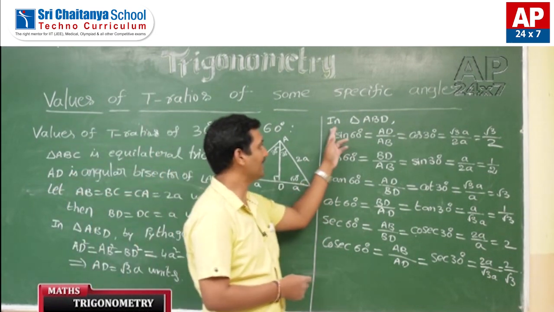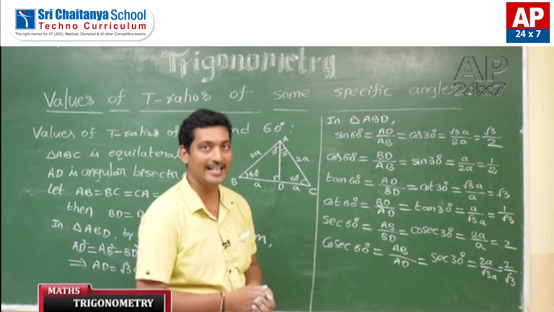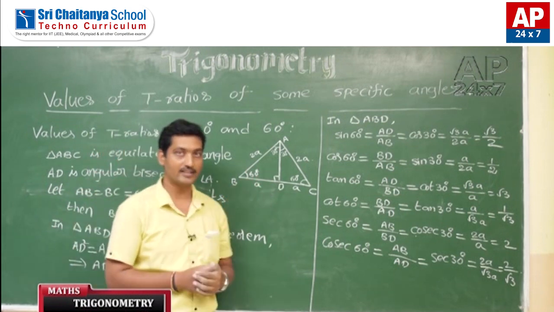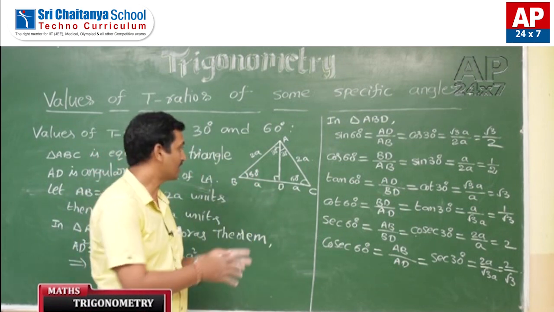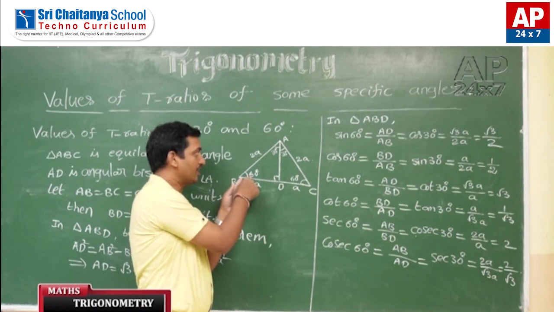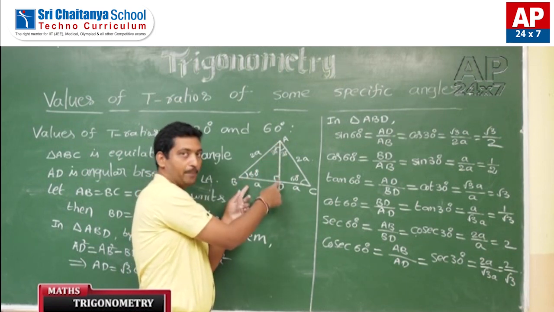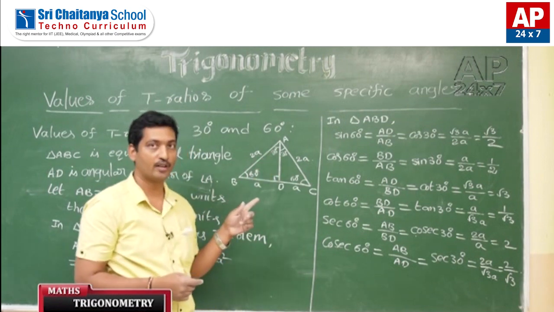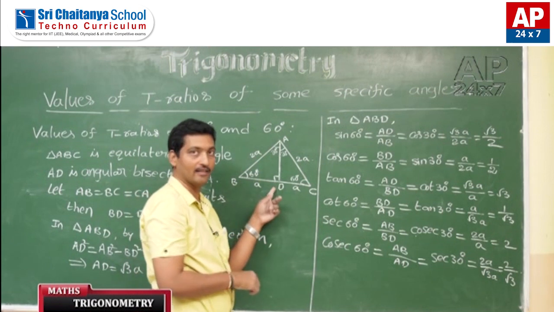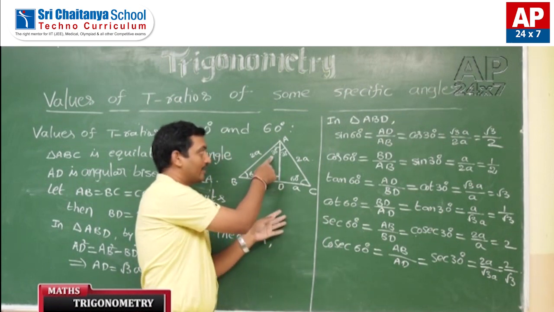Now, sin 60 degrees, very important this is, we have to see in triangle ABD only. Sin 60 degrees is equal to AD by AB. And the same AD by AB is equal to cos 30 degrees.